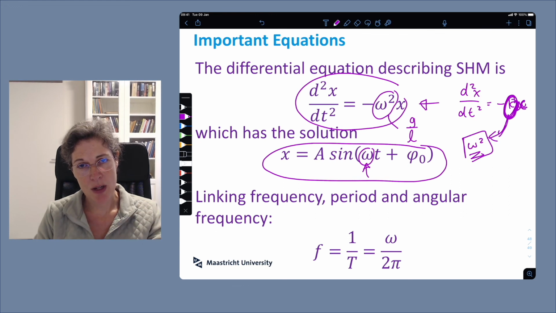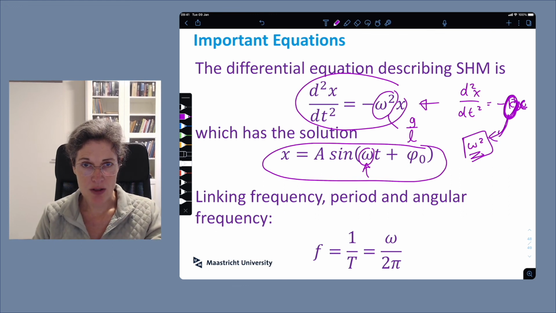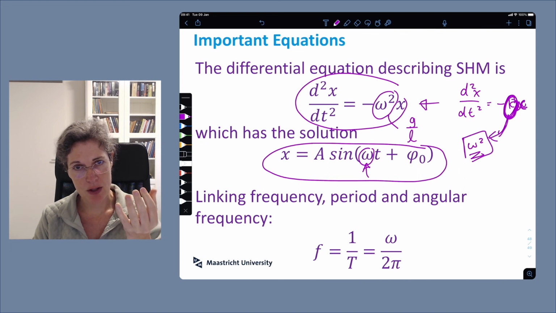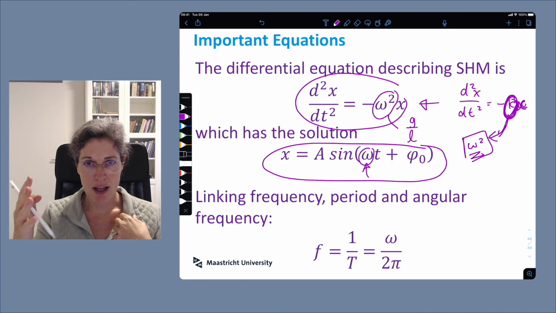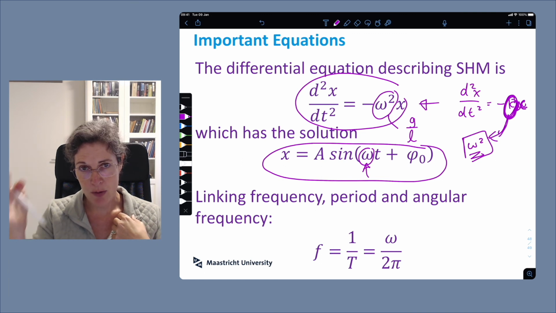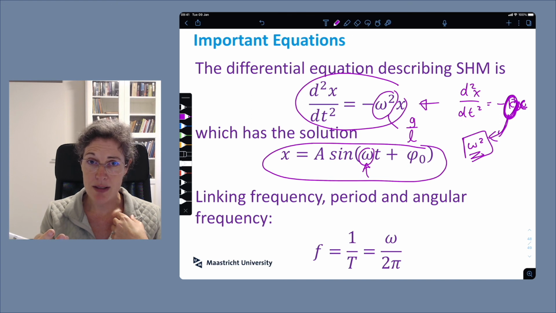So in the mass spring, your angular frequency is determined by the spring constant, so how stiff the spring is, and by the mass that you're using, which kind of makes sense because remember, angular frequency is a measure of how fast it's moving. When we're thinking about the pendulum, our angular frequency is determined both by the length of the pendulum and also by gravity, which kind of makes sense. Okay.